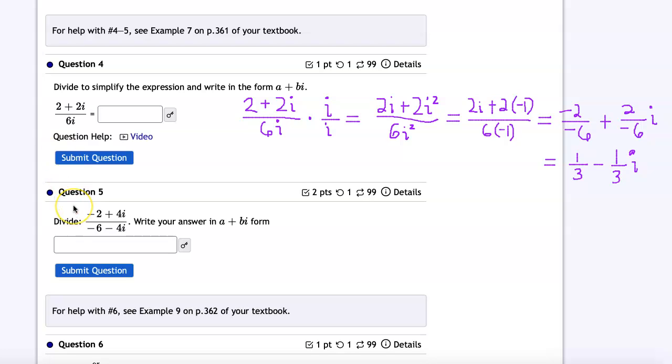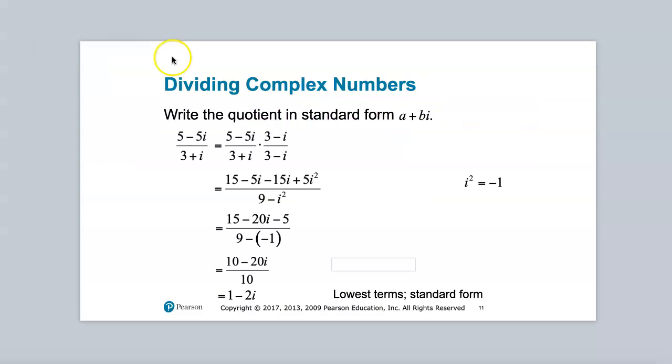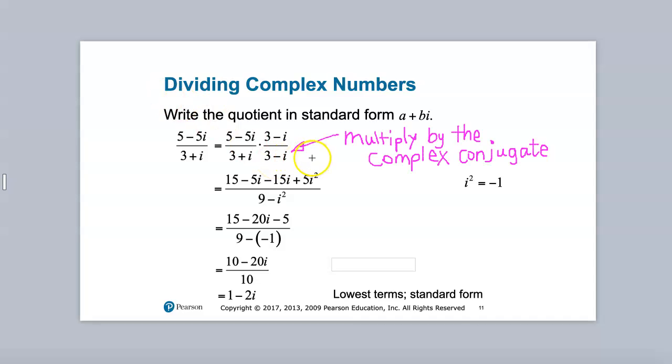So now for question number 5, let's look back at the PowerPoint presentation for an example. When you have two terms in the denominator, what you want to do is multiply by the complex conjugate. The goal of multiplying by any conjugate is to create a difference of squares.